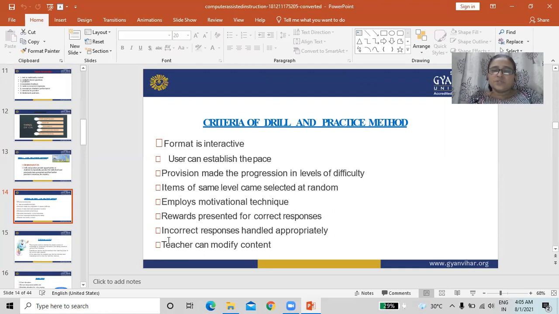Incorrect responses are handled appropriately. The teacher can modify the content. So these are the criteria of the drill and practice method.